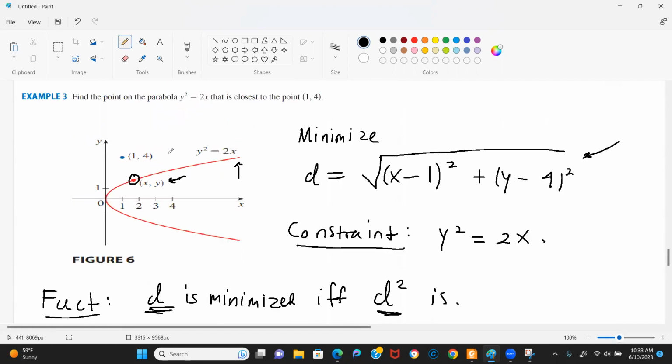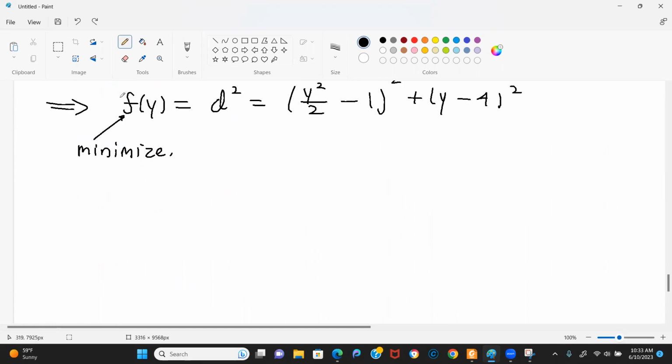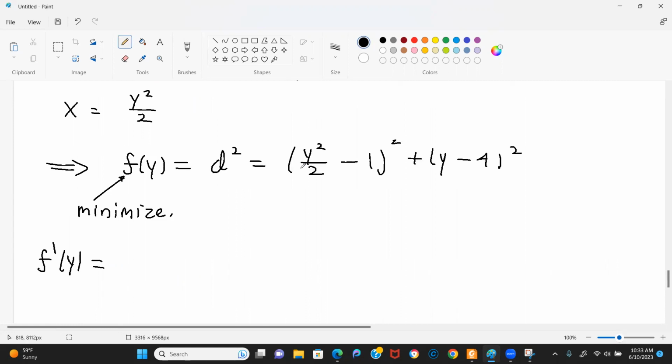If we can do that, we'll find the y coordinate that gives us the point on this parabola that is closest to this point. And once we know the y coordinate, we can use our constraint to find the x coordinate. So what we need to do is take a derivative. If we differentiate this using all our rules, we get 2 times (y squared over 2 minus 1) times the derivative of the inside function, y squared over 2, which is just y, plus 2 times (y minus 4).